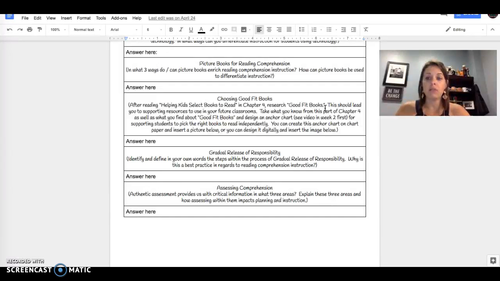You should not be using that resource as the item that you submit, but you can certainly use those things as resources. So take what you're researching, take what you've seen in chapter 4 about helping students to choose the right books, and design an anchor chart supporting your students to pick the right books and read independently.